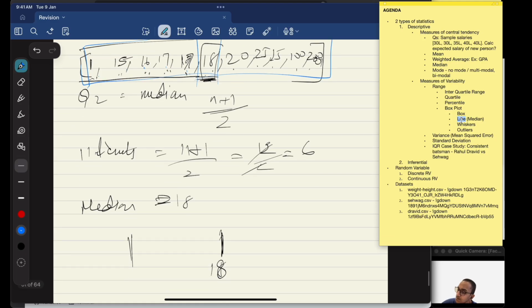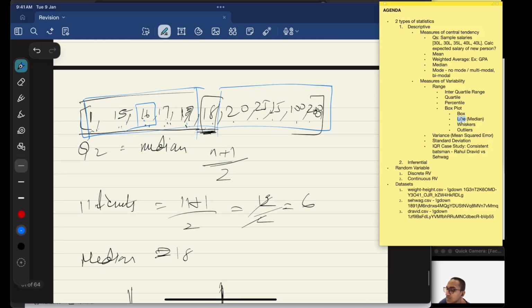So we have 5 elements here. 5 plus 1 by 2, 6 by 2, which is 3. So the median for this will be 16. And we can just see directly here, the median for this will be 25. Here also 1, 2, 3, 4, 5, right? 5 plus 1 by 2, 6 by 2 is 3. So this will be the third element.